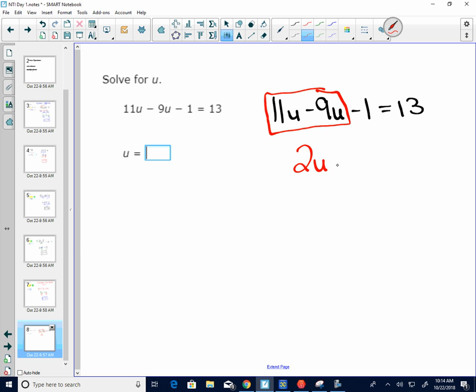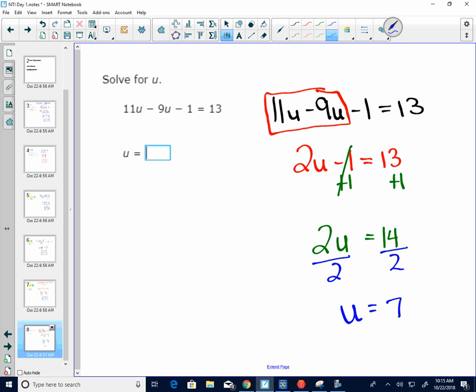So now I have 2u minus 1 equals 13. Add 1 to both sides so that this is 0, so 2u is by itself. 13 plus 1 is 14. Divide by 2 on both sides. u is equal to 7.